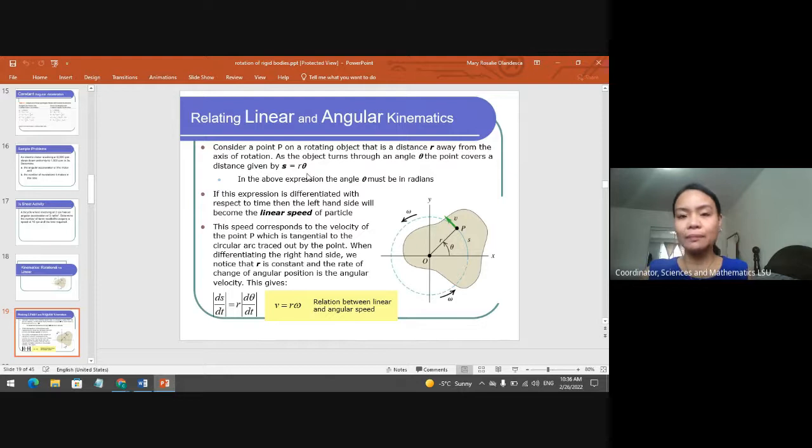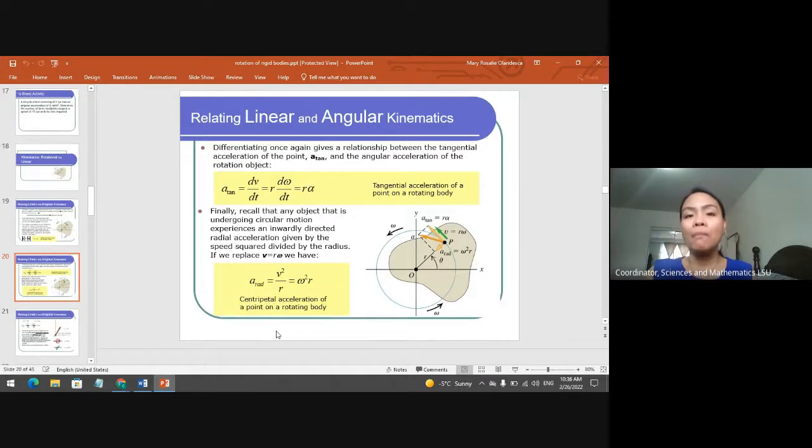Never forget that. Now, we can also get our linear velocity, and the linear velocity is equal to r times the angular velocity. Sometimes we are asked for the linear speed, so we are just going to use this formula. v is equal to r omega.